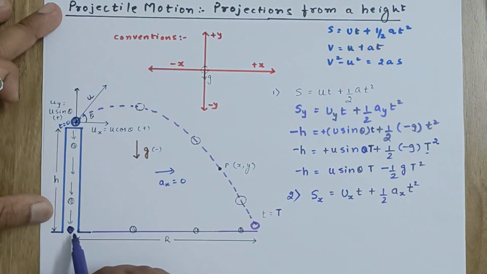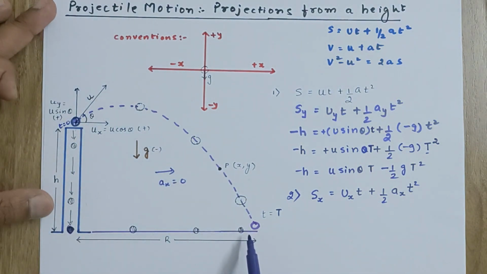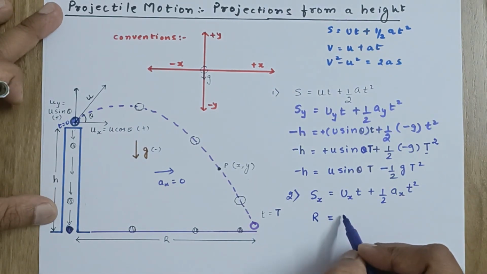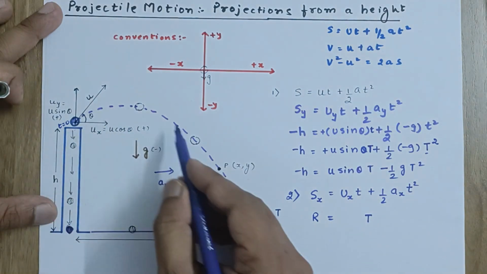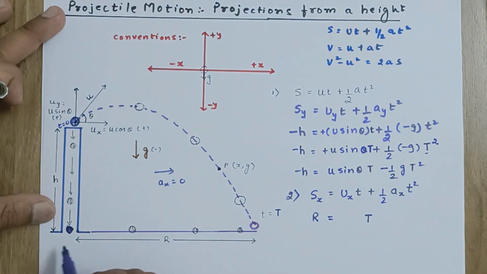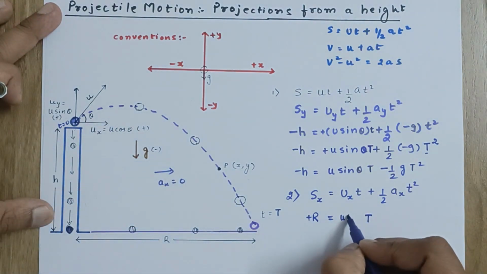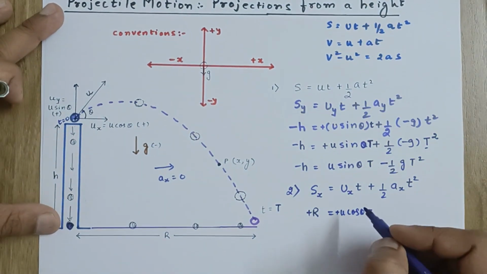So Sx is basically when the shadow of the ball was here, when the shadow of the ball reached here. So when the ball went from here to here, the shadow traveled a distance equal to R. So simply Sx is R when I substitute the value of t as capital T. So time is equal to 0 to time is equal to capital T. The displacement is basically equal to the range, positive range, and this is plus u cos theta, and everything is positive because u cos theta is in this direction.